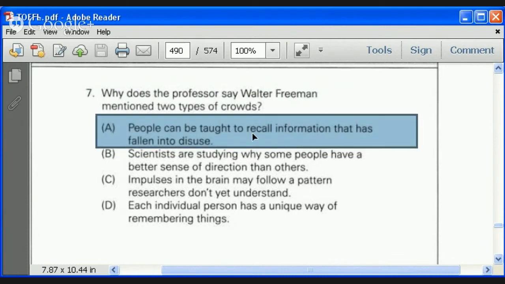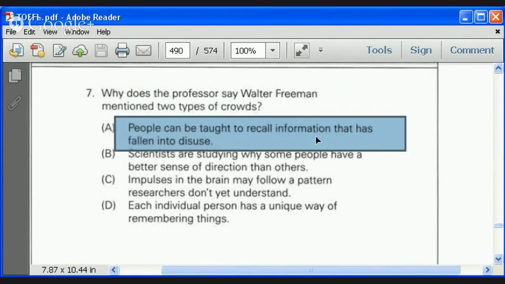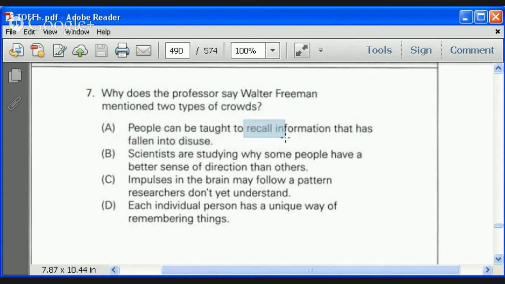Okay, did it have to do with anything to do with remembering information? No, this was mentioned way before the professor talked about recall. Near the end of the lecture, Walter Freeman was in the beginning of the lecture. There's another clue for you. If something's in the beginning and the answer happened in the end, it's almost certainly not related.